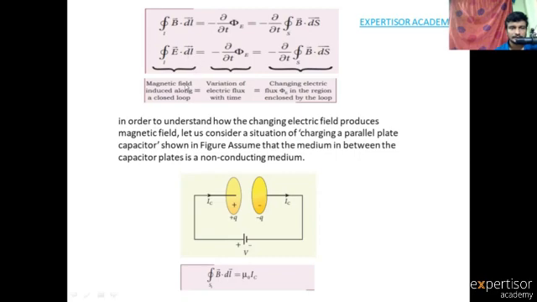So this part represents the magnetic field induced along the closed loop, that is equal to the variation of electric flux with time. So that one is equal to the changing electric flux phi E in the region enclosed by the loop.